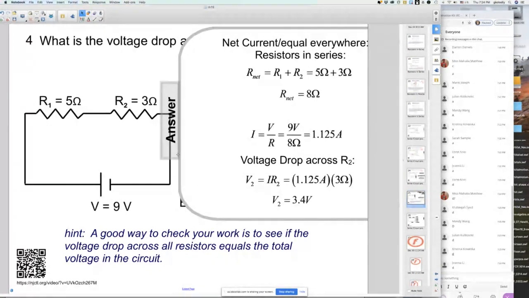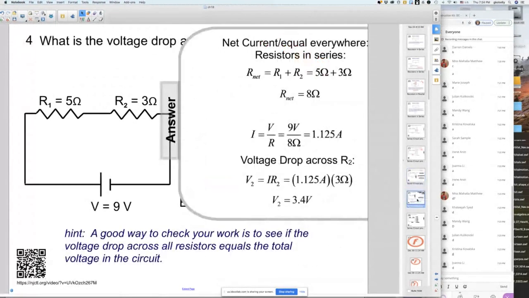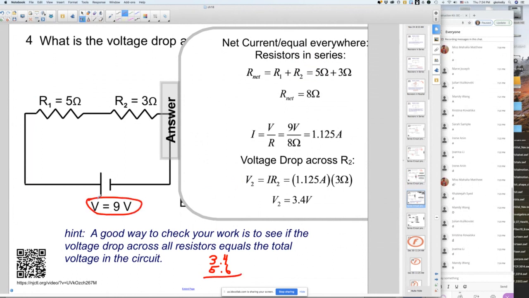So 3.4 here, and in the previous problem we found 5.6. How much is 3.4 plus 5.6? 9. They add up to the battery voltage.